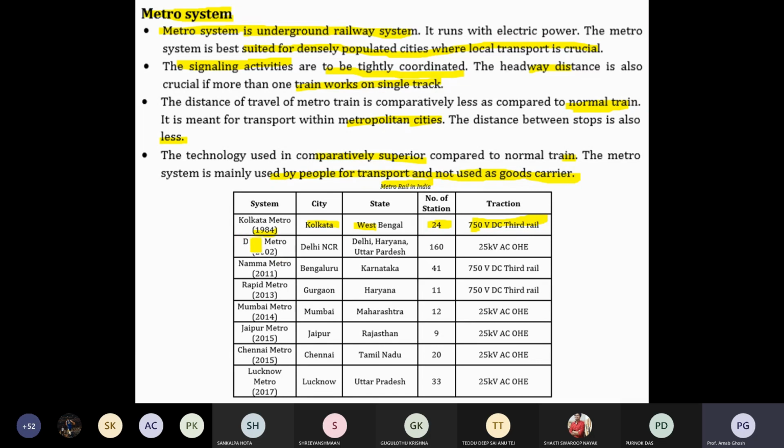The Delhi Metro, established in 2002, uses 25 kV AC OEG, which means overhead electrification. Then another metro, Bengaluru, is again DC third rail, similar to the Calcutta metro.